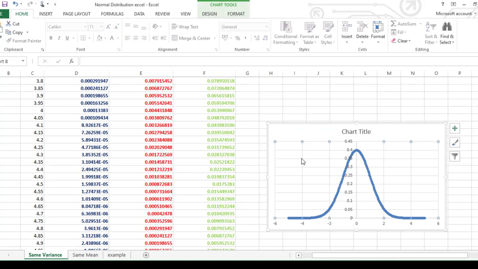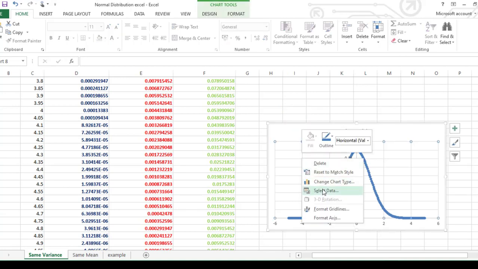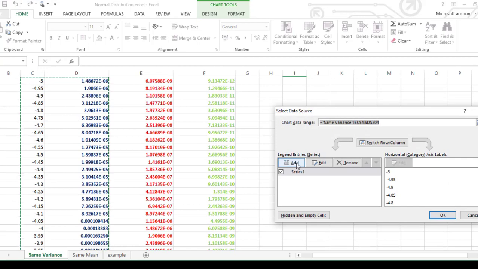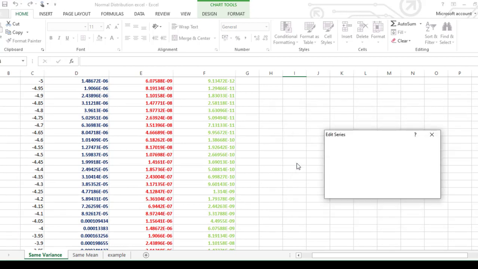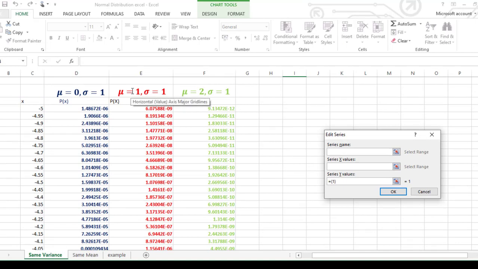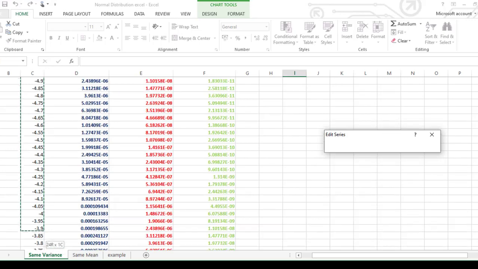Now let us add the second graph to it. So select data, add. Let us put the name of the second curve, that is mean equal to 1 and standard deviation equal to 1. Then we have to insert our x values.